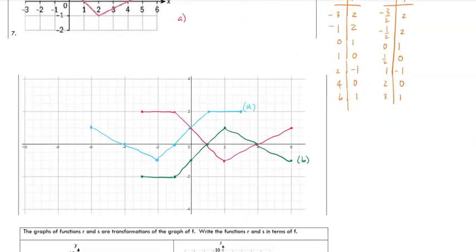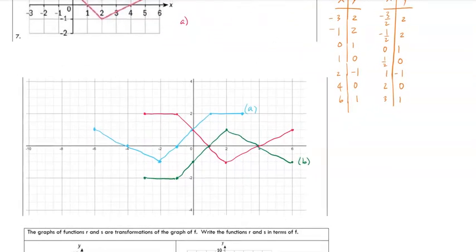So -1.5, 2 right there. Okay, and then -0.5, 2. Yikes!